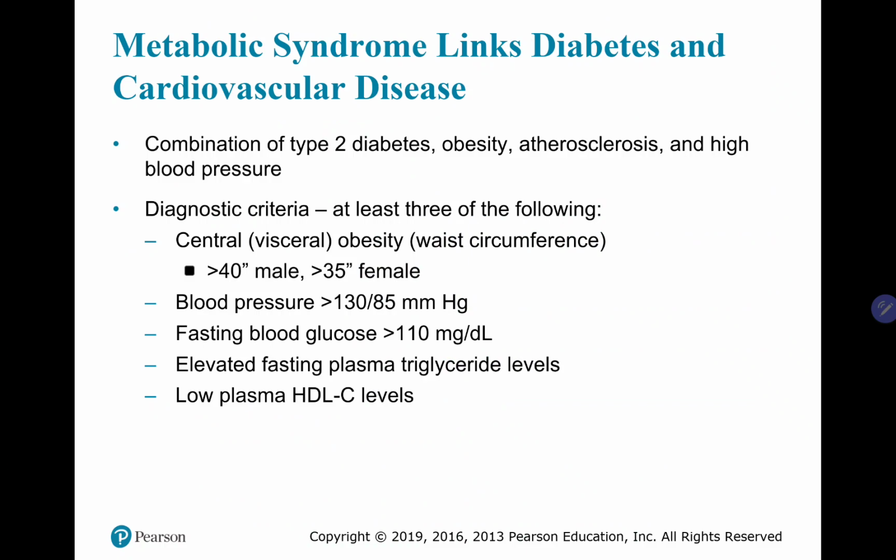Diagnostically, you must have at least 3 of the following: central or visceral obesity, so a large waist circumference, over 40 inches for a male, over 35 inches for a female; blood pressure more than 130/85; fasting blood glucose more than 110; elevated fasting triglyceride levels; and low plasma HDL levels. Three of these can lead to metabolic syndrome, and that can lead to cardiovascular disease.